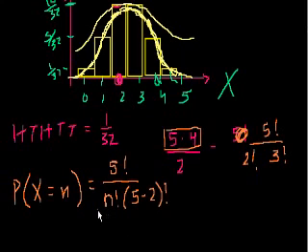And I encourage you to review, because it really is important to get an intuitive feel for this. I encourage you to review the videos I made in the probability playlist on binomial coefficients and on these coin-flipping probability problems, because I go into a little more detail on the actual intuition of this.